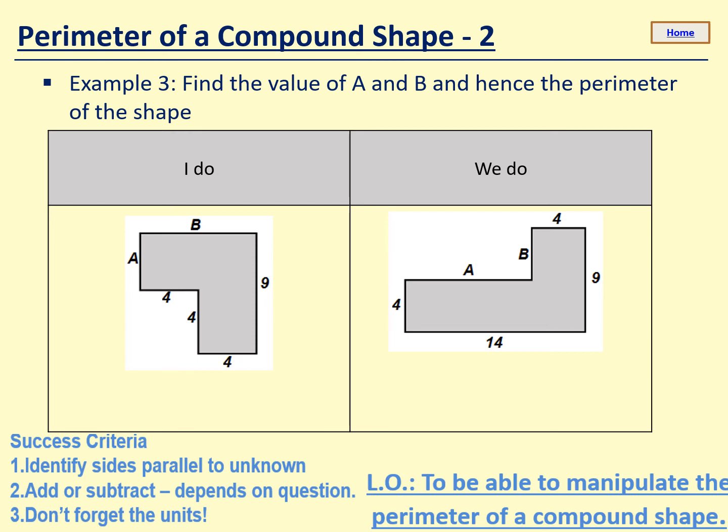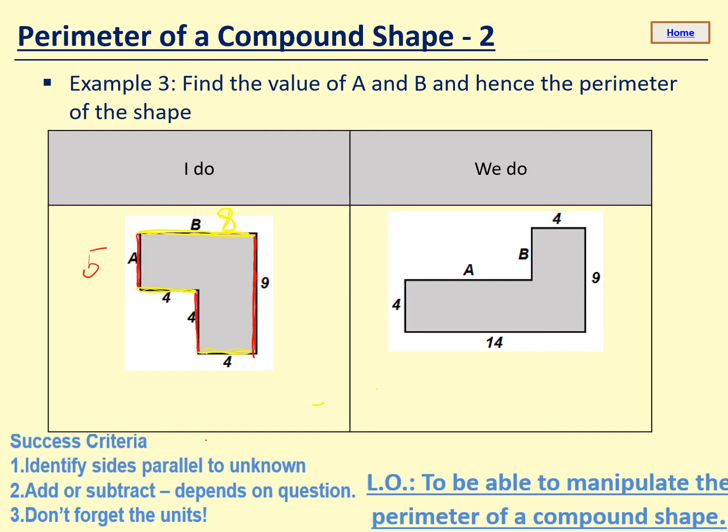Okay, so I want to work out a. So I identify the parallel lines. And I can see that a must be 9 take away 4, so it's 5. And I need to work out b. Identify parallel lines. So b must be this plus this, so it's going to be 8.